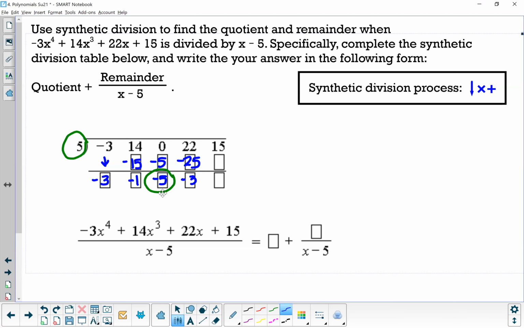All right. Multiply the -3 by the +5, and we get -15. 15 plus -15 is 0. All right, so we have our remainder is 0.